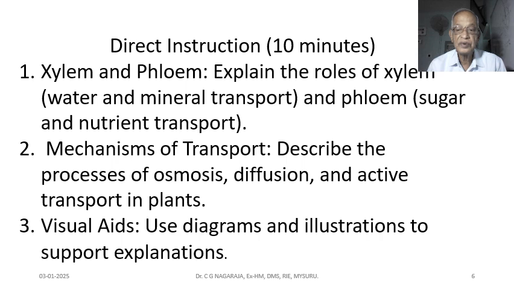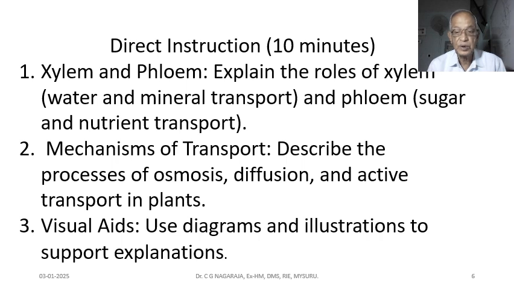Mechanisms of transport, that means describe the process of osmosis, diffusion and active transport in plants. For this again you have to use the diagrams. My suggestion is keep the diagrams ready in a chart, or if you are good at drawing, draw on the blackboard. Many drawings will have to be used in this lesson.